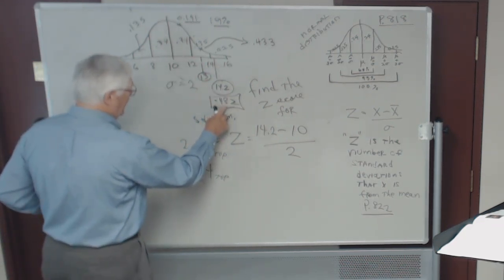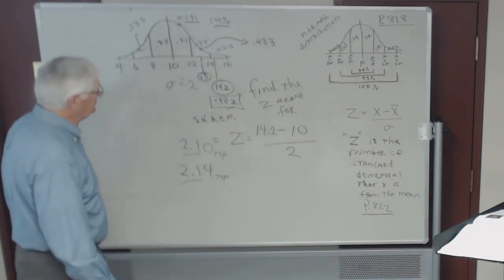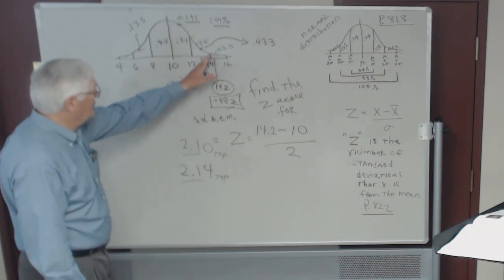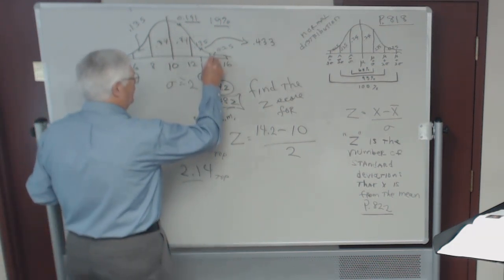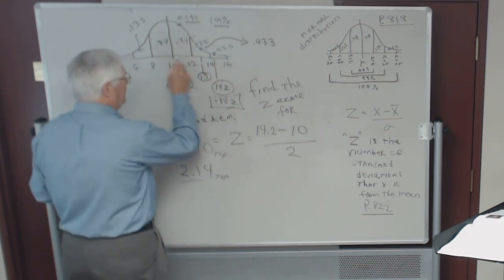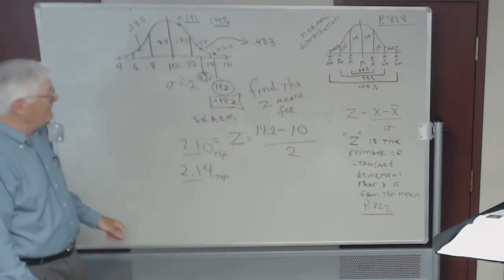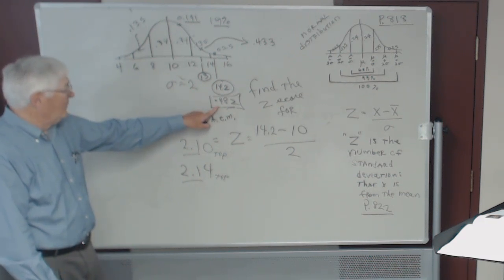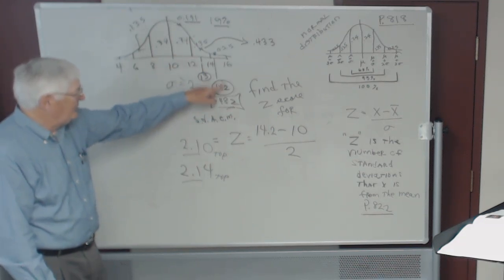It's 2.1 standard deviations above the mean, and the probability of that score is 0.482, or from here to here on the curve is 0.482, or 48% of the people who take the test will score between 10 and 14.2.